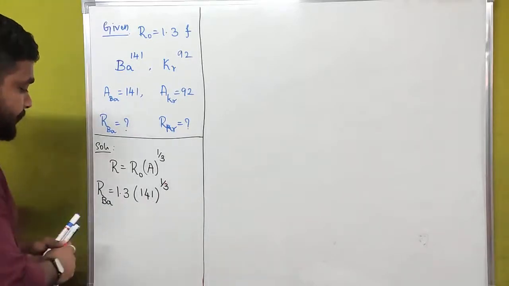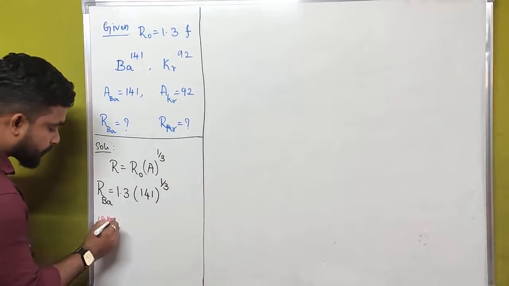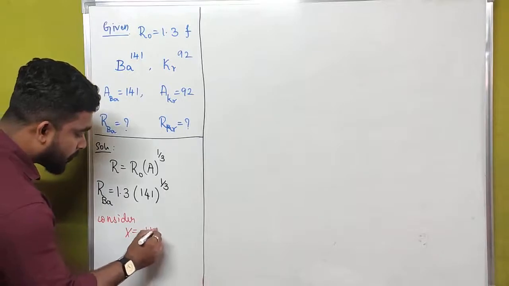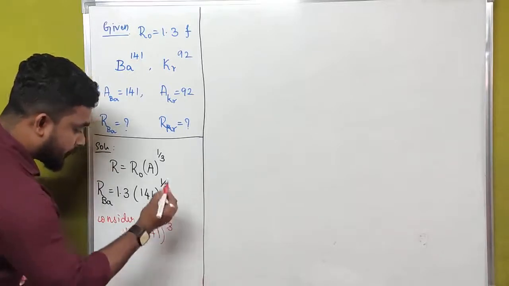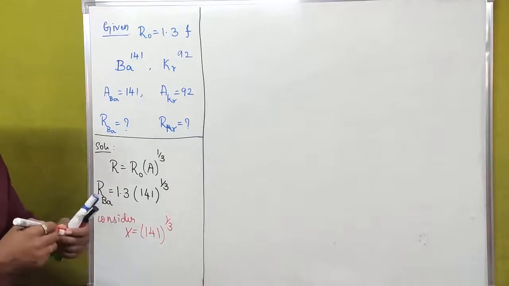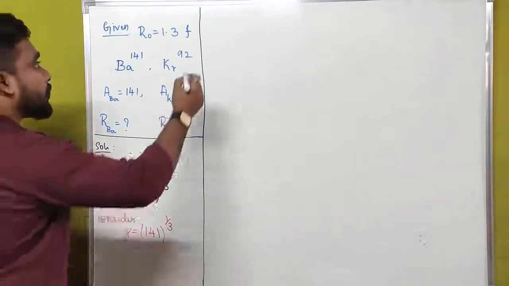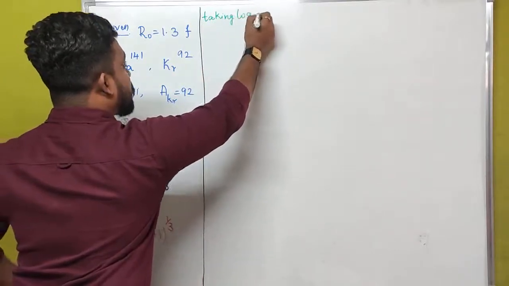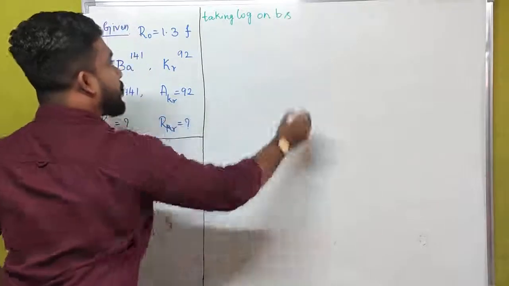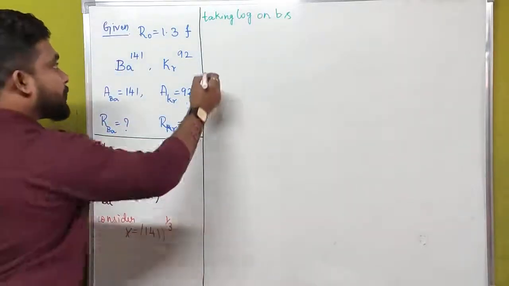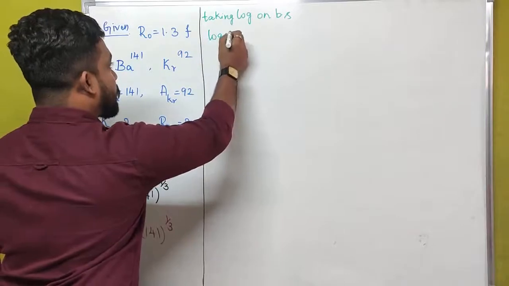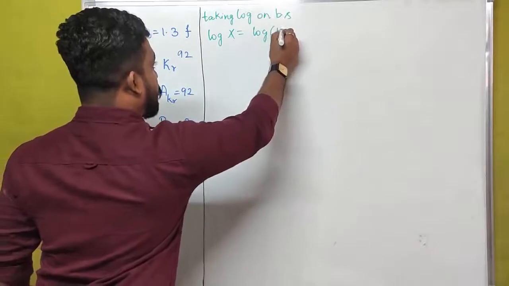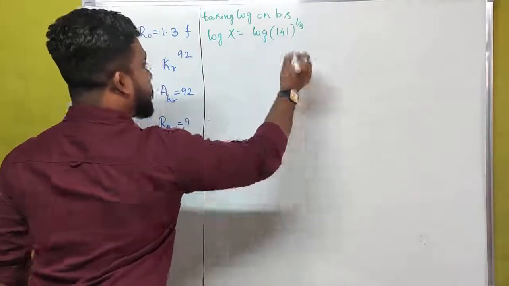If we consider x is equal to 141 to the power of 1 divided by 3, then we have to take log on both the sides. If we take log on both the sides, what will it become? Log of x is equal to log of 141 to the power of 1 divided by 3.